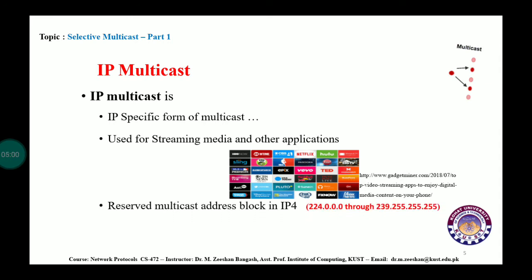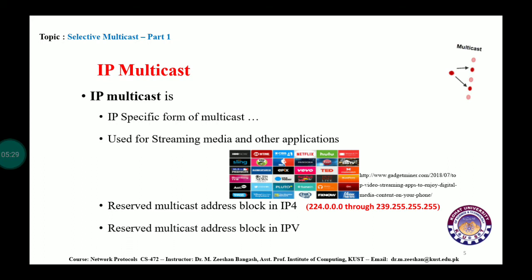So there is a specific block in IP version 4, we know this from our previous knowledge, that this range, 224.0.0.0 up to 239.255.255.255, this block in the IP version 4 address domain is reserved for multicast operation, or we can call it a multicast address block.